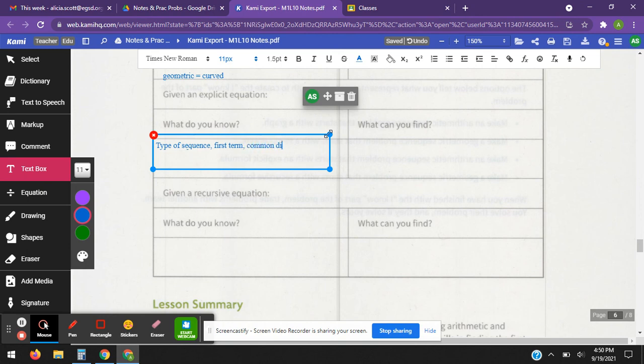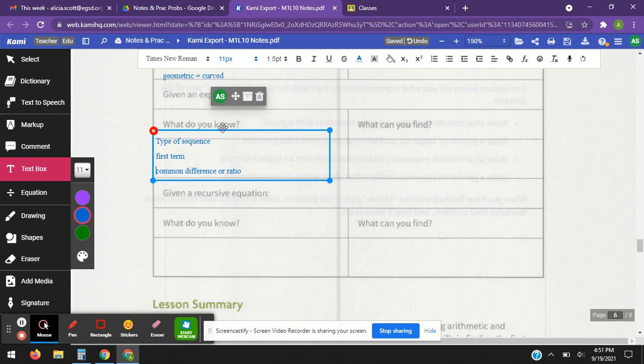Common difference or ratio. Type of sequence, first term, common difference or common ratio.